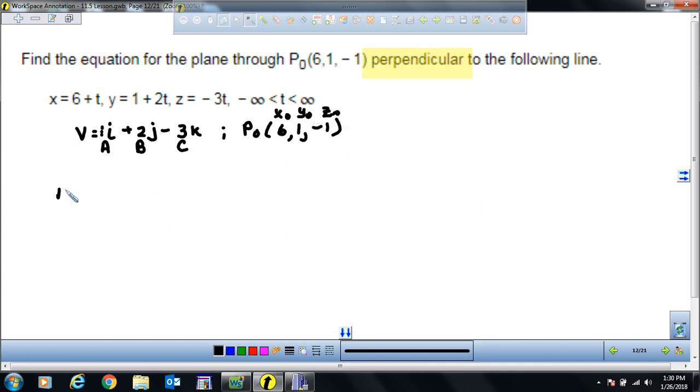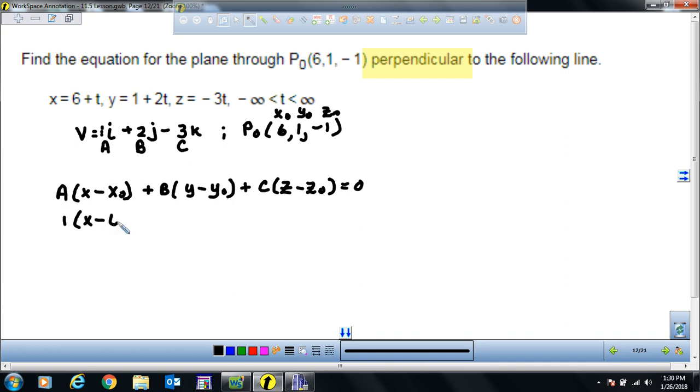So let's get the equation for the plane. This is going to be 1 times x minus 6 plus 2 times y minus 1 minus 3 times z minus negative 1 equals 0. So this is going to turn into a positive 1.